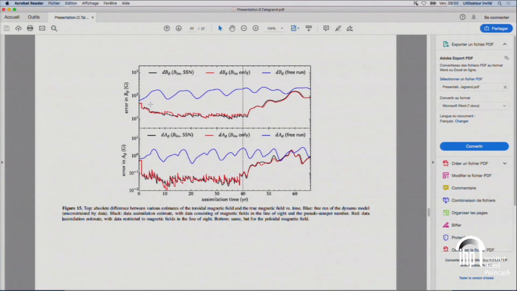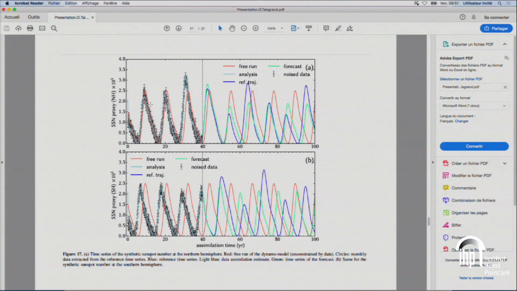You see that you gain significantly by doing the assimilation. The vertical scale is logarithmic. You have the toroidal component at the top and the poloidal potential on the bottom. And in the forecast phase, you see that there is a predictability time of a little more than 10 years. It is more than one cycle.